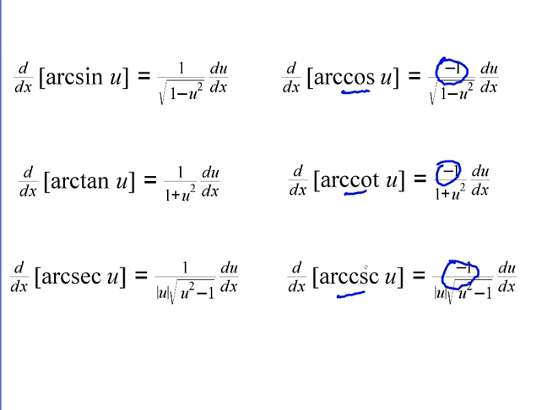That negative is the only difference between arcsecant and arccosecant. And that negative is the only difference between arctangent and arccotangent. And that negative is the only difference between arcsine and arccosine. Okay, so really there's 3 forms here, and then the co is just the negative of. So this helps us take the derivative of inverse trig functions.